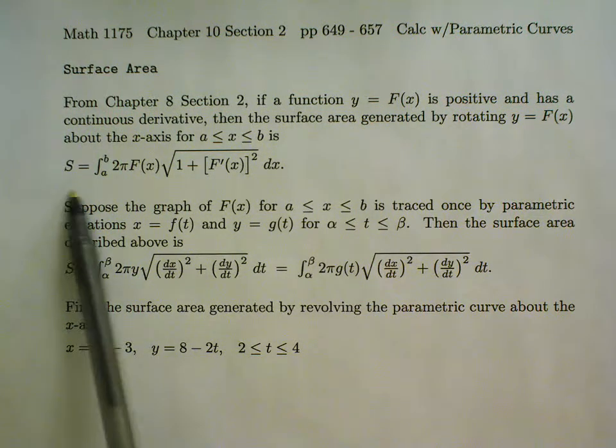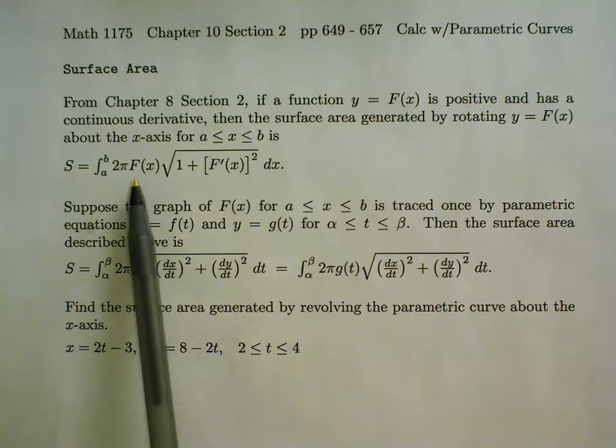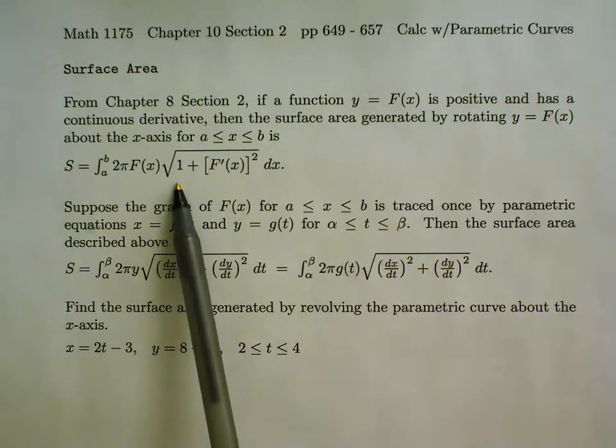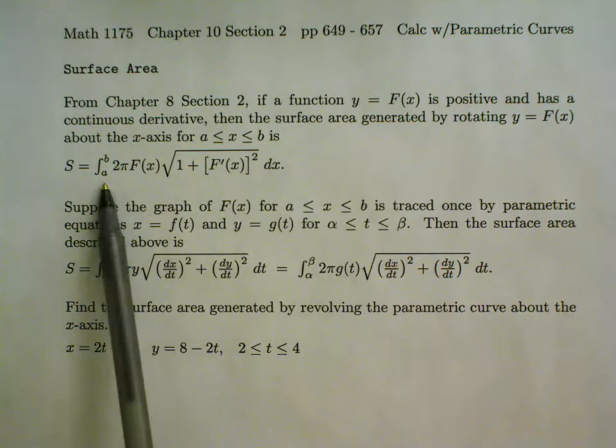The surface area is the definite integral of 2 pi times capital F of x times the square root of 1 plus the square of f prime of x dx, as x ranges from a to b.